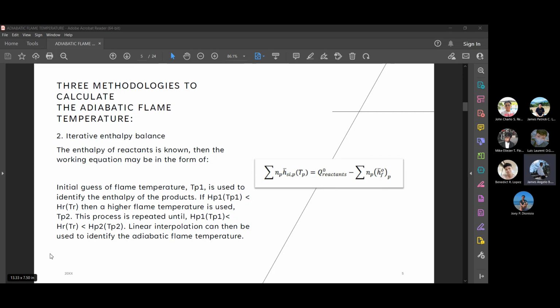This process is repeated until HP at TP equals HR at TR. Linear interpolation can be used to identify the adiabatic flame temperature.